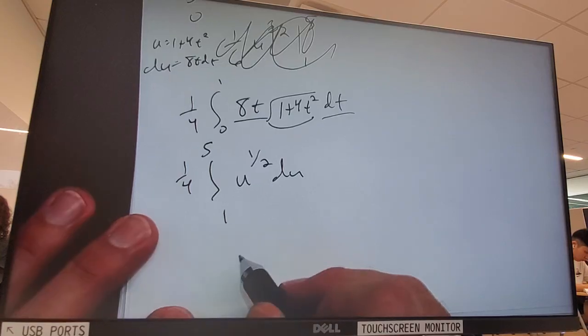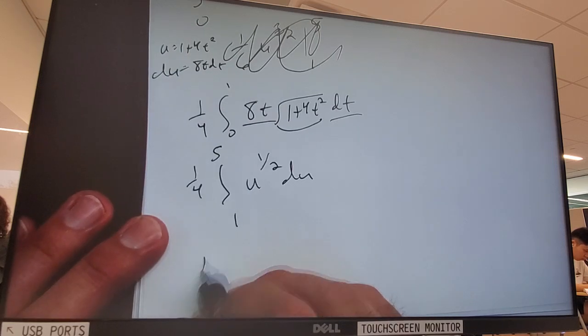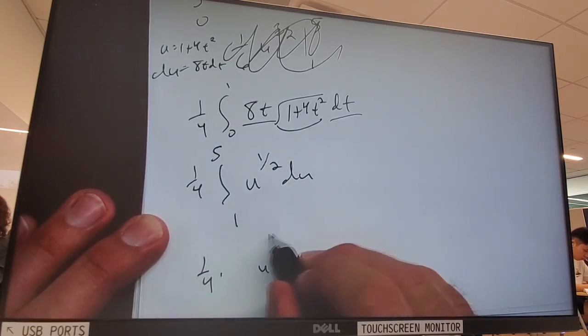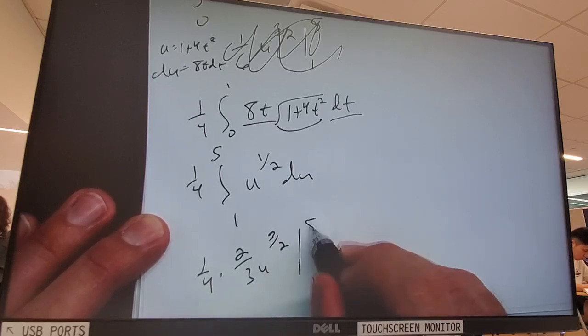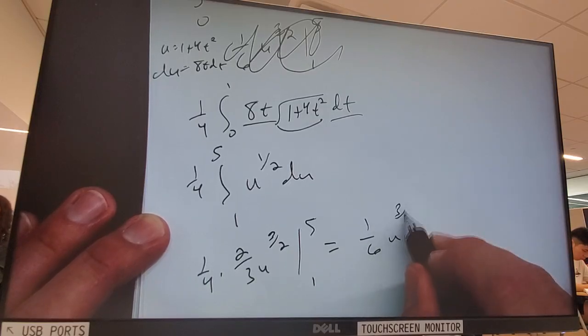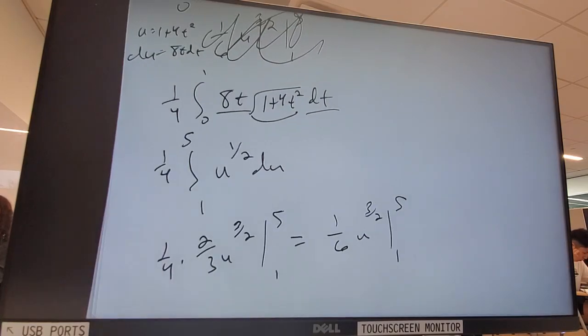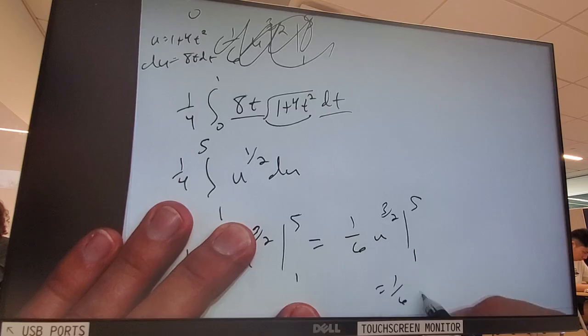This is relatively easy compared to some of the other stuff we've done this semester, but it's not easy. I just want to let you know. So this will be 1/4 times u to the 3/2, then I multiply by the reciprocal, which is 1/6 u to the 3/2 from 1 to 5. That's just gross. So this much will be 1/6 5 to the 3/2 minus 1/6, okay?